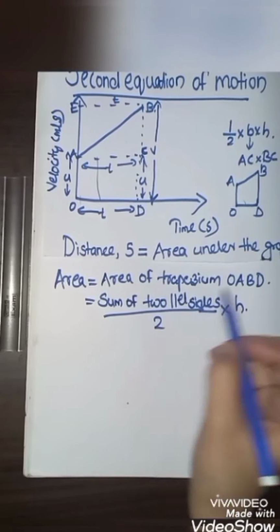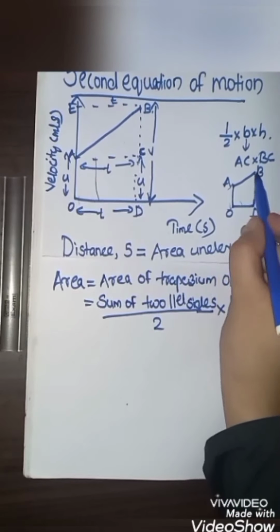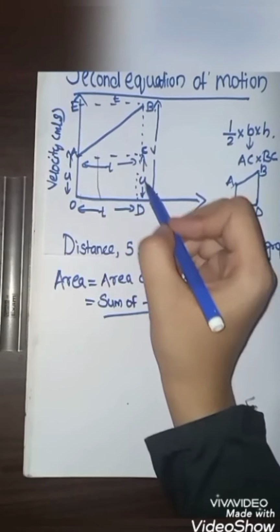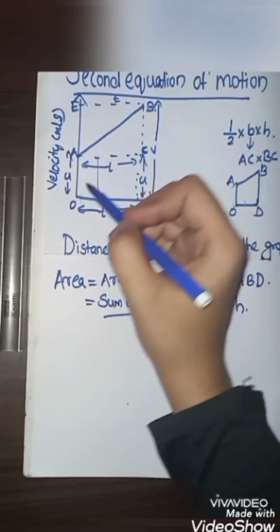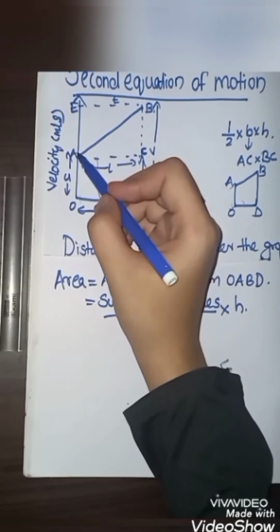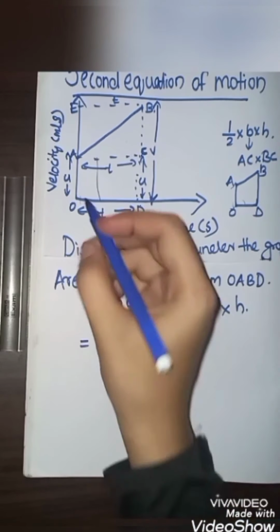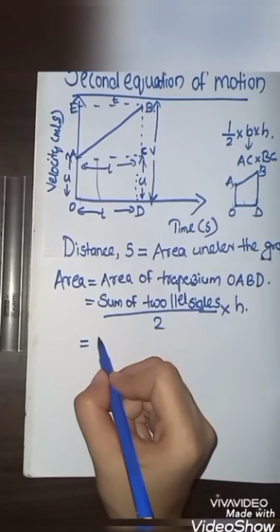Okay, what are the parallel sides here? This is not parallel. Here are the parallel sides. In OABD, the parallel sides are OA and BD. That is, the sum of the two parallel sides is OA plus BD.